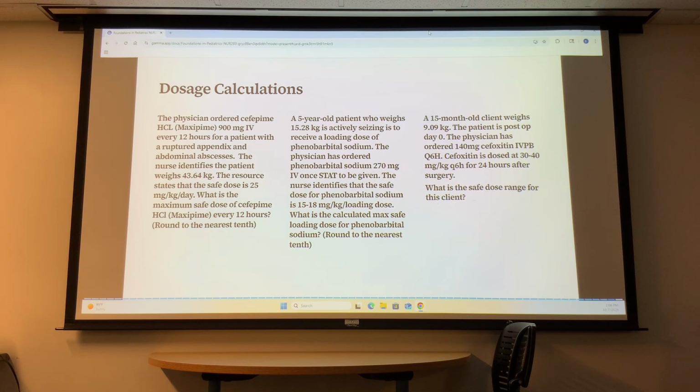It's then asking you, what is the calculated max safe loading dose for phenobarbital sodium, round to the nearest 10? So, it's only asking for the max. Do you need to do the minimum? No. Do you need to do the max? Yes. So 15.28 times 18 is 275.04, right?